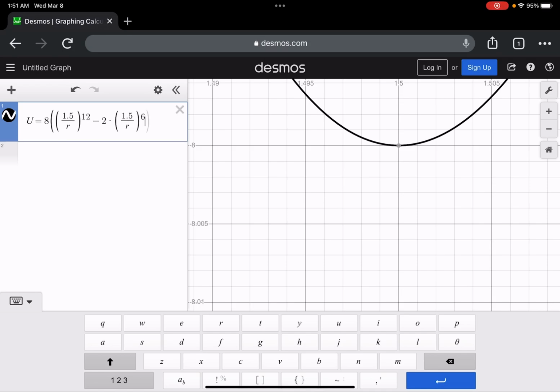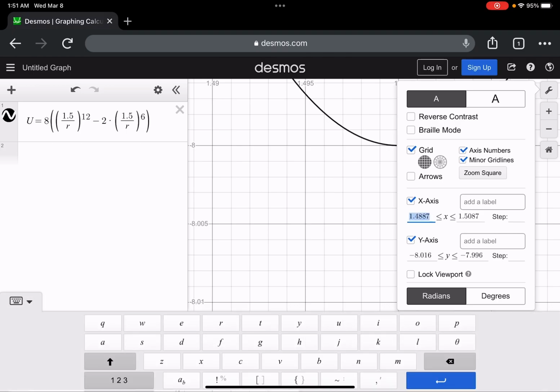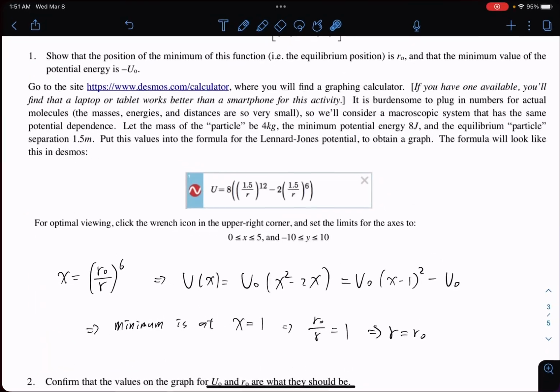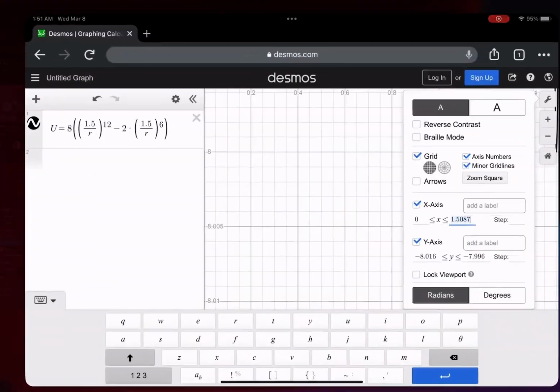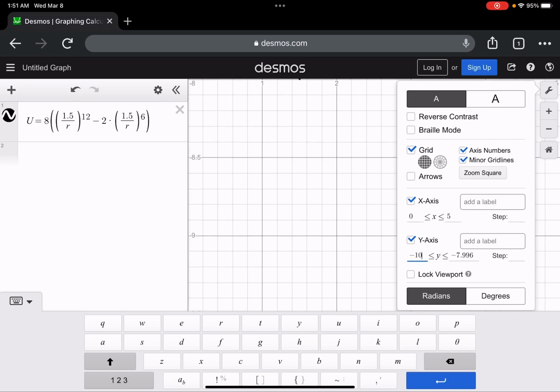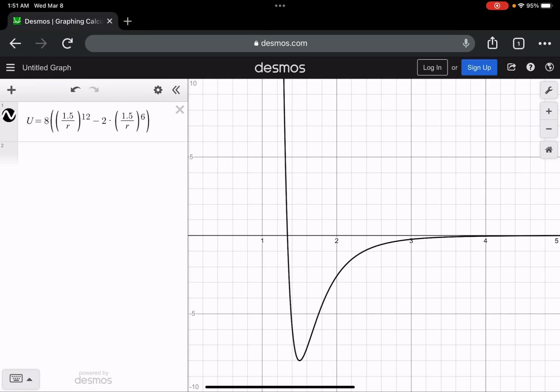So here's how the graph looks, and we can set the axis. We want to set it from 0 to 5 and minus 10 to 10. So here we have our Lennard-Jones potential.